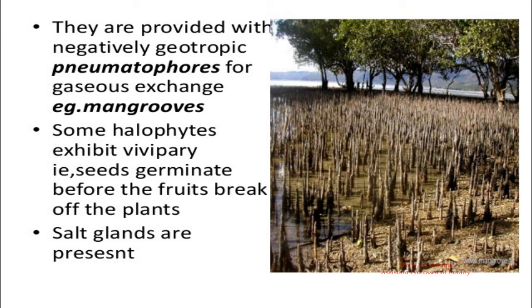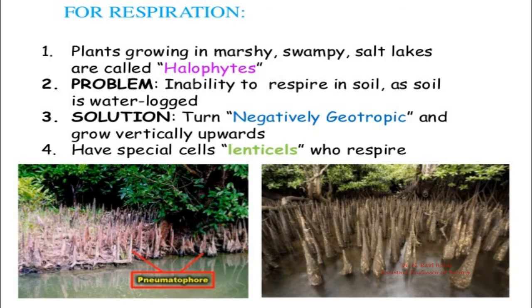Buoyancy is nothing but the capacity to float on the water surface. Likewise, pneumatophores with pneumathodes we are seeing here, a special type of negatively geotropic roots. They contain pneumathodes.